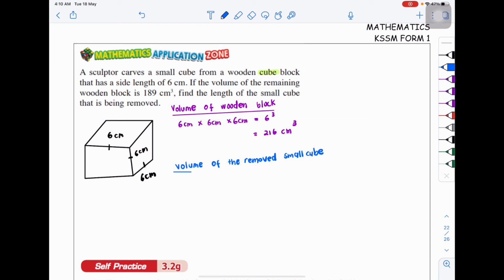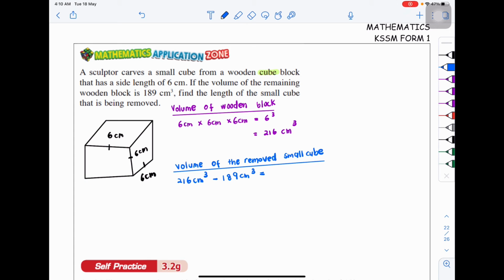Okay, so how can we find the volume of the removed small cube? We need to have the big volume 216 minus the remaining wooden block, which is 189 centimeter cube.